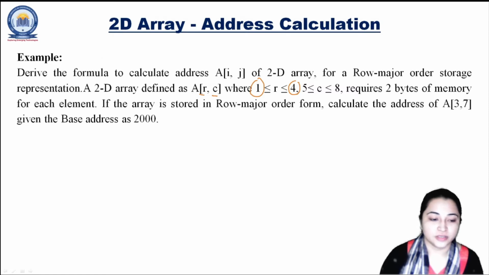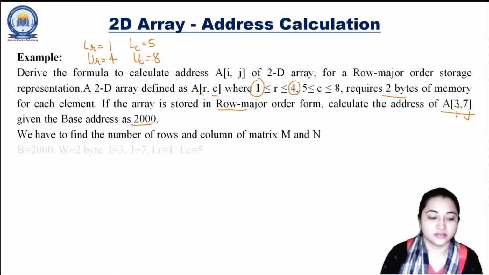Lower bound of row is 1, upper bound of row is 4, lower bound of column is 5, and upper bound of column is 8. It requires 2 bytes of memory, so W is 2. If the array is stored in row major order, calculate the address of A[3][7], which means i is 3 and j is 7, and the base address is 2000.